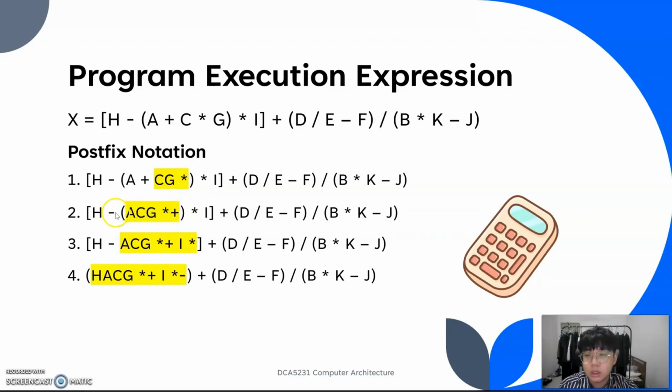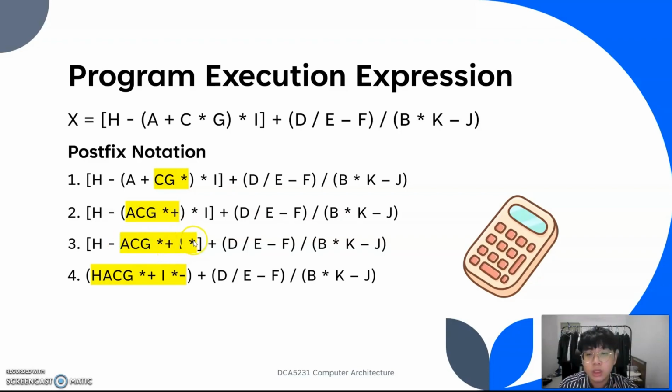This is the minus and multiple, so we do the multiple first. The next line will be h minus acg multiple plus I multiple. This multiple will be behind the I because the acg multiple plus is in the bracket.